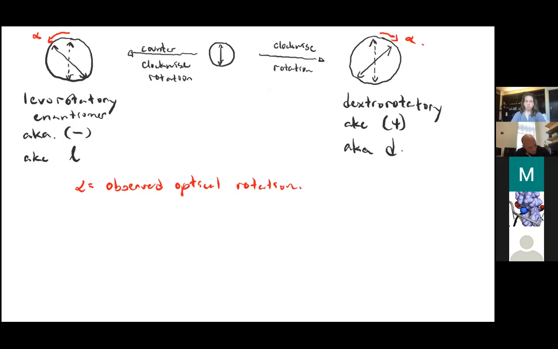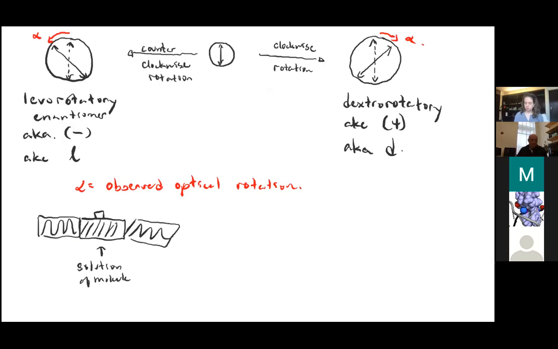So we're going to shine the plane polarized light through a sample. Sample is here. Okay, this is my sample, a solution of the molecule, and it's going to come out and be rotated in one way or another. Okay.